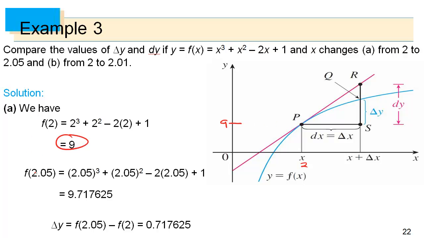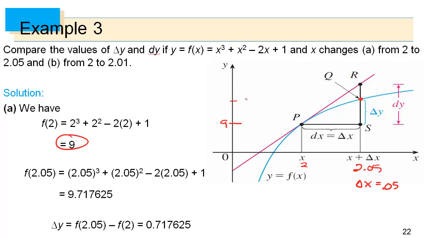Well, now we can also evaluate what's going to happen at 2.05. This is the point 2.05, where delta x equals 0.05. Now if we evaluate the function at 2.05, we get this height right here. This looks a little high, let's lower that. Maybe right about here.